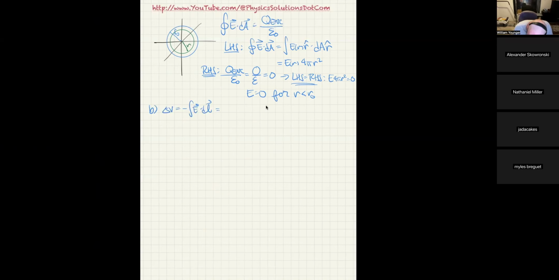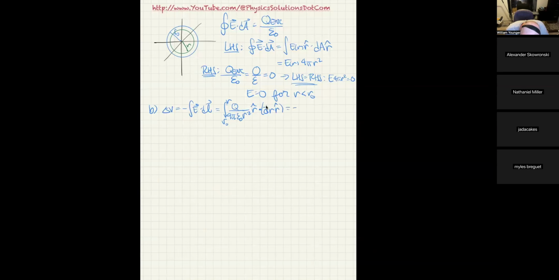We already know that is the integral of Q over 4 pi epsilon naught R squared R hat, dotted with, again, negative dr R hat. Since I chose the direction by using my dl, I have to go from R0 to big R.